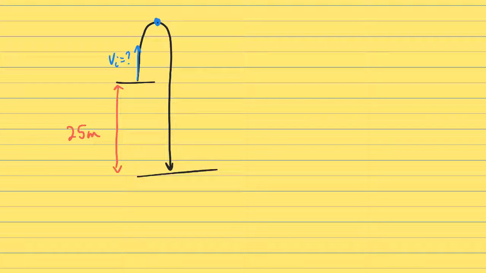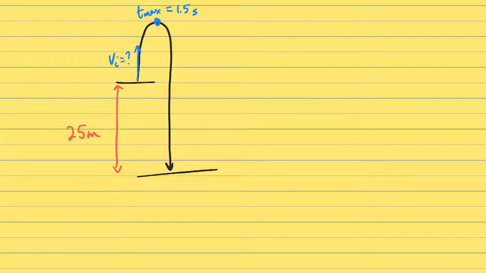It takes 1.5 seconds to get to max height. So our goal in this problem is to figure out what initial velocity it should be launched with for it to only take a second and a half to get to max height.